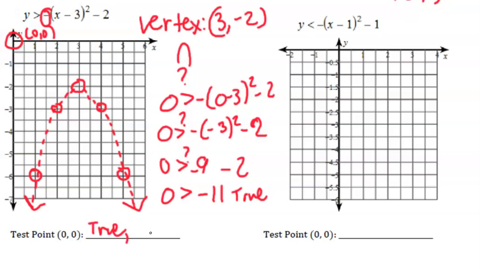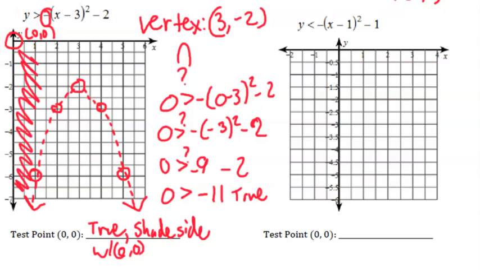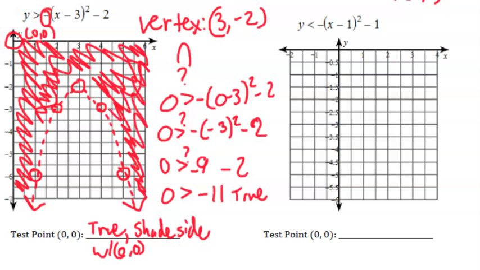So we'll shade that side. So we'll shade everything on this side that contains (0, 0). This side of the curve. So we're basically shading above the curve, the quadratic curve here.